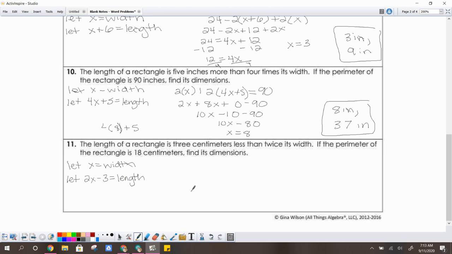It says the perimeter is 18. So plug these things in. So 2x plus 2 times 2x minus 3 equals 18. And then follow the same steps as we have been. Distribute. Combine like terms. And then solve.